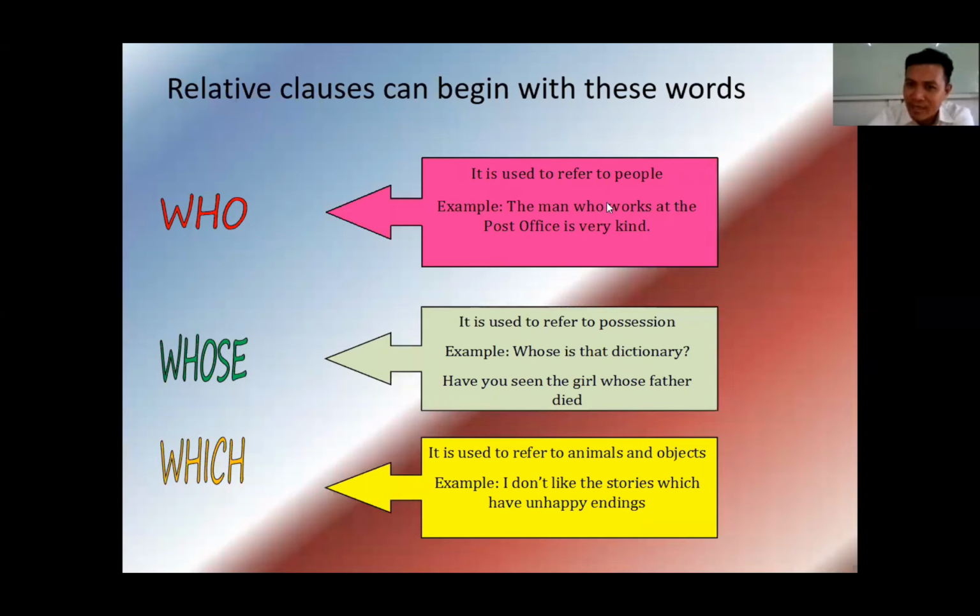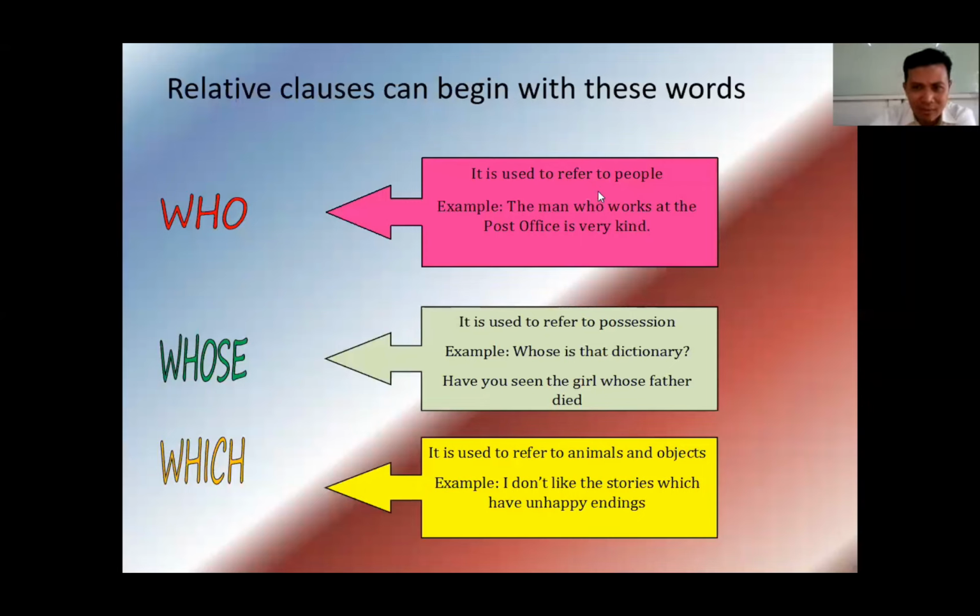Why do we use who here? Why not whose? Because who is for subject. Correct. Why is it subject? Look at this one. What is coming after who? Works. After who is works, and works is a verb.